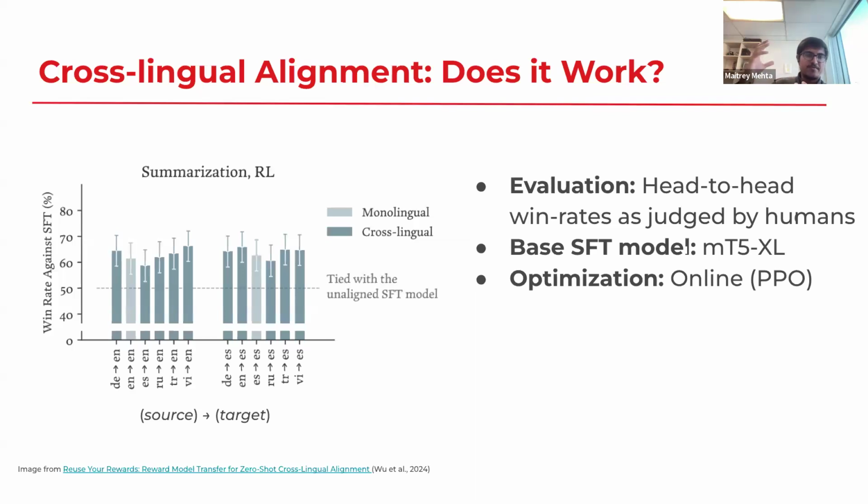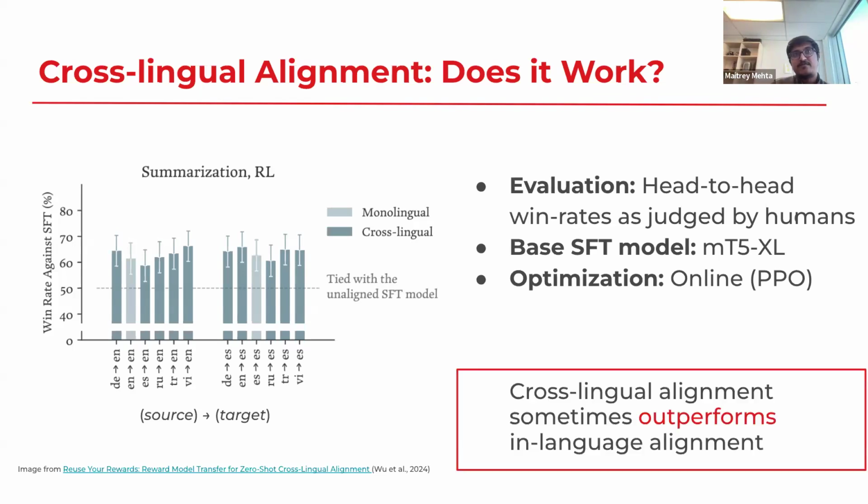You can use a reward model trained using a different data set, curated in a different language, and you can apply it to a completely different language, and it works just fine. So that's what they found, and they did it for many languages.